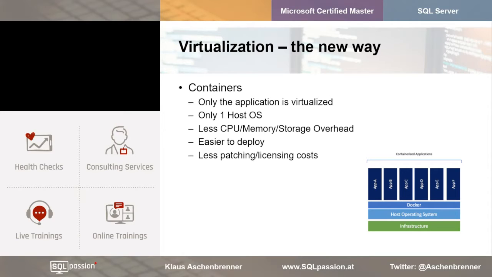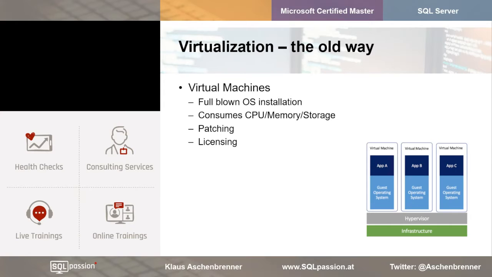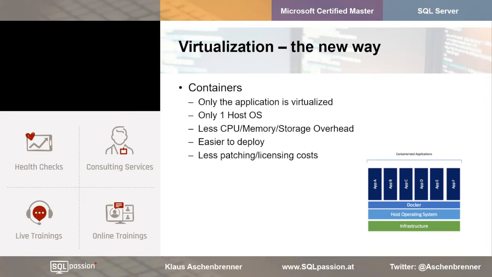When you think back about the virtualization in the old way, we had our hypervisor, and on top of that hypervisor, we have virtualized for every virtual machine the guest operating system. And now with Docker, we have our host operating system. Docker works on almost every modern operating system. So Docker works on Windows, Docker works on Linux, Docker works on Mac OS, Docker even works on a Raspberry Pi.